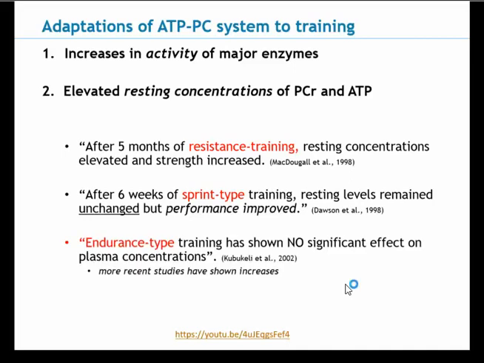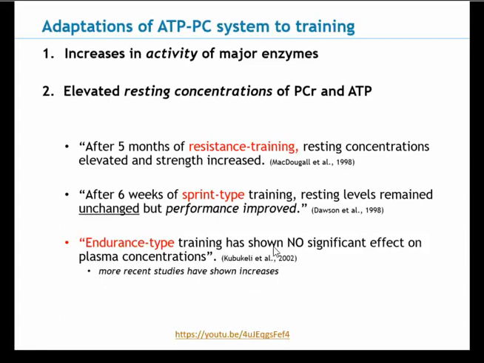Last is endurance training. Endurance training shows no significant effect on concentrations, mainly because endurance type exercise does not rely on ATP and creatine phosphate for fuel, and it doesn't deplete the fuel sources. I have a little point down here: more recent studies have actually shown increases.